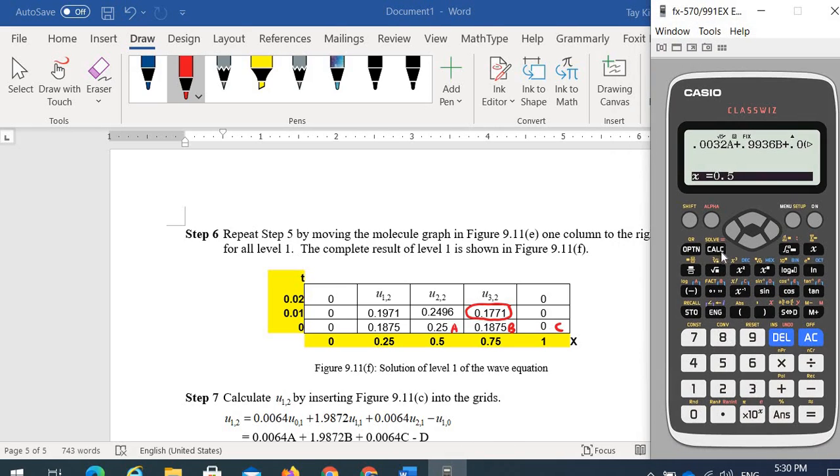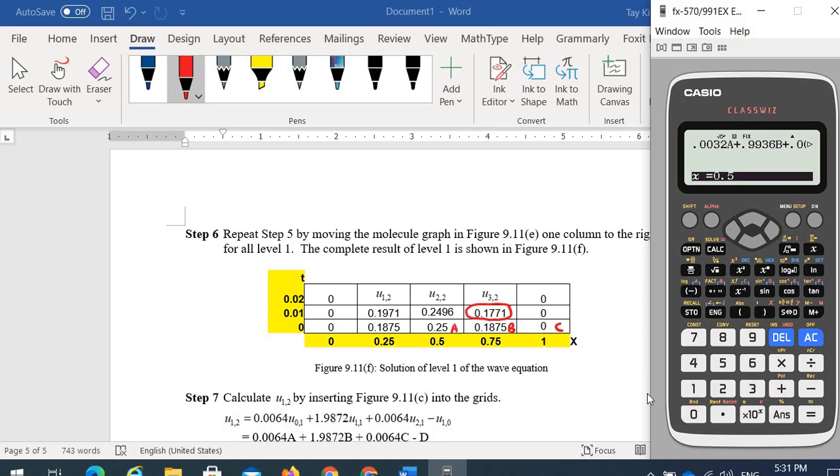We will calculate A. From the previous example, you notice the ABC values move one cell to the right. So from 0.1 example, move to 0.25: A and B change to here, 0.1871, and C now is 0.